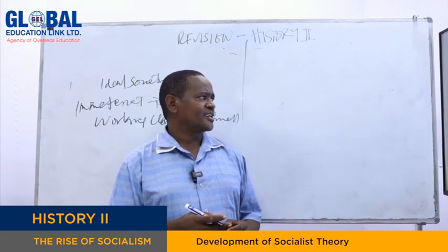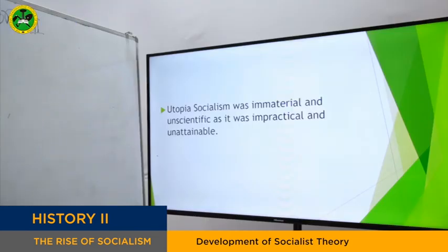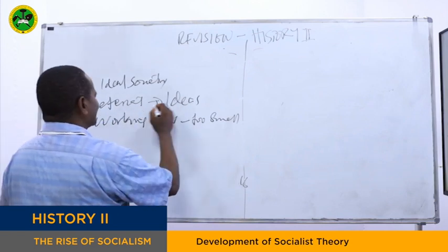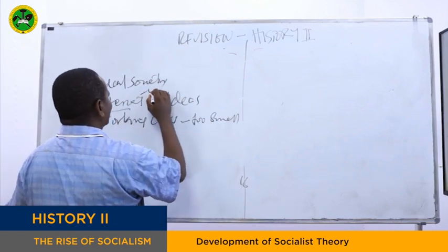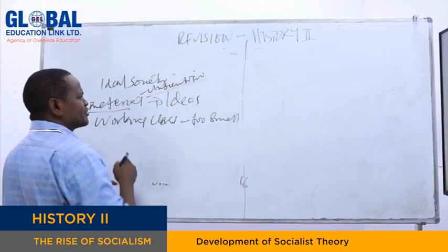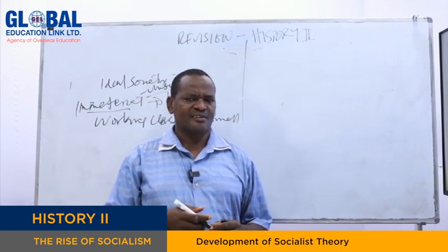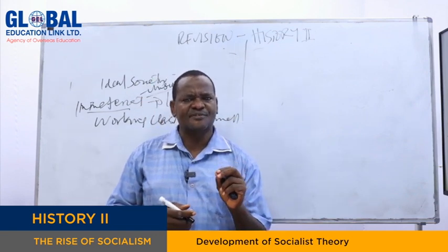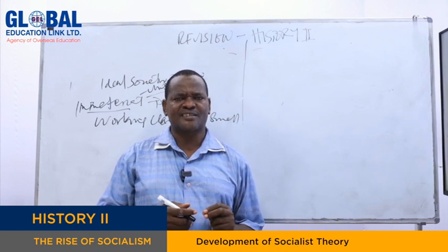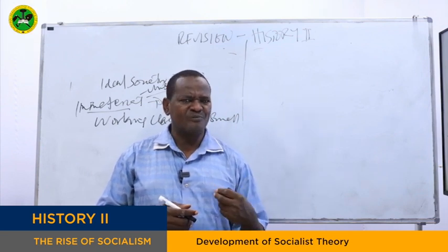Another characteristic: utopian socialism, as we have said, was immaterial and unscientific, but most importantly, it was impractical and unattainable. Unscientific means something that you cannot prove, something that cannot guarantee you the results once you do it. For instance, you say you can convince the capitalists to give up their properties and share them with the poor. That is very impractical. How are you going to convince them to agree?